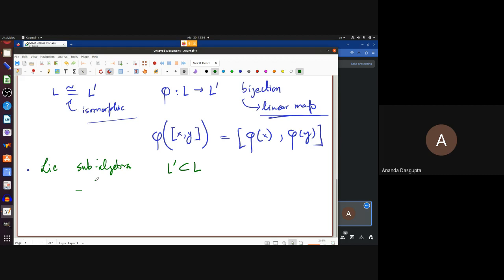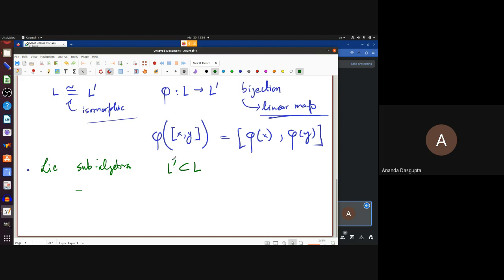Remember, never lose sight of the fact that a Lie algebra is at its heart a vector space. Then it has a Lie bracket. Both of these structures are important. It's not just something which has a Lie bracket, or just a vector space. It's both a vector space and with the product operation. So L prime has to be closed under both of these structures.